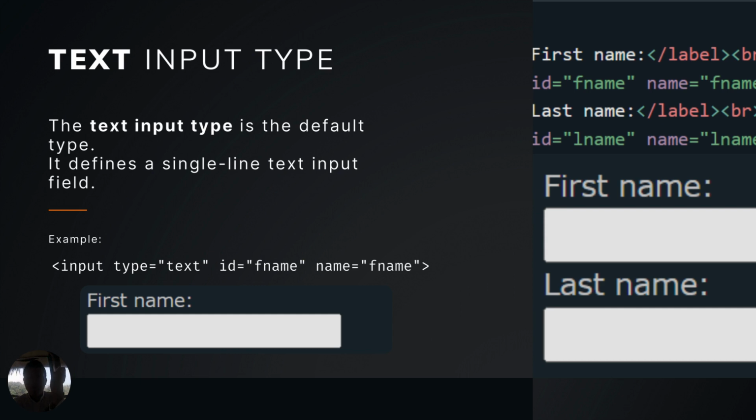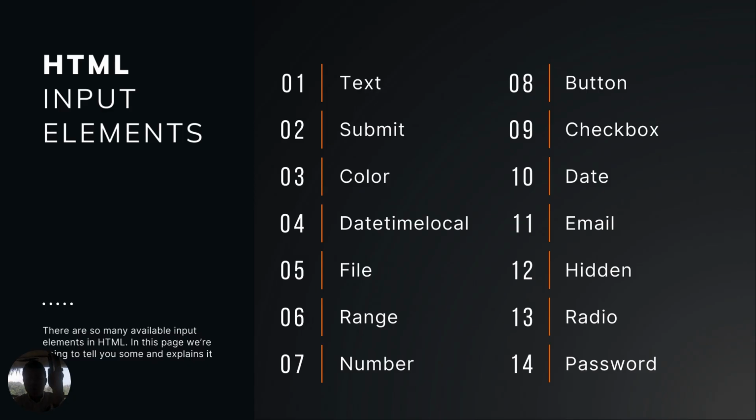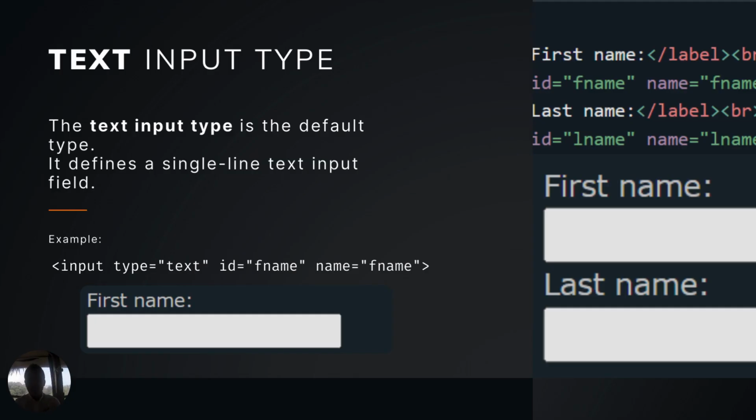So the first one is text input type. So here there are many, right? There are many, but I'm going to discuss only some of them. First is text input type. The text input element type is the default type of input element. It defines a single line text input.